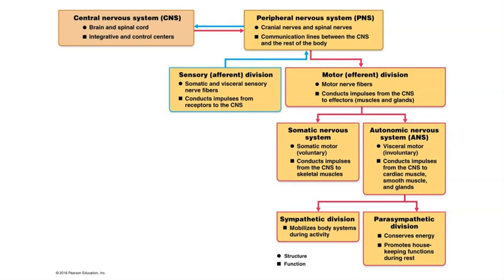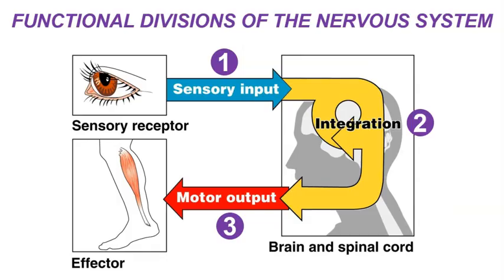You can also call these the sensory pathways and the motor pathways. So let's examine these three functions now. The three functional divisions of the nervous system are the sensory input function, the integration function, and the motor output function.